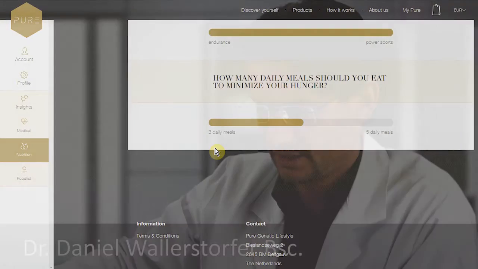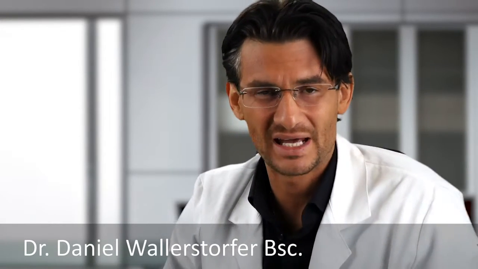Now that we know all of your genetic strengths and weaknesses, as well as what balance between fats and carbohydrates you should ingest, we can use this information to now change your lifestyle accordingly to help you either lose weight or maintain your body weight more effectively if you wish to do so.